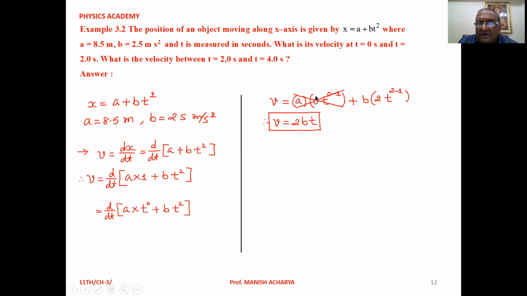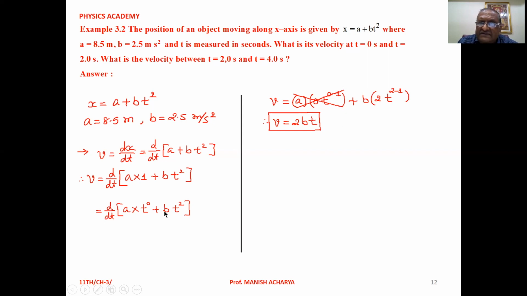So when here 0 is in multiplication, this entire term will be cancelled or it becomes 0. So now we can conclude this: when an independent constant is given to you and a variable is not associated with it in multiplication or division, in that particular case, you can take its differentiation as 0.